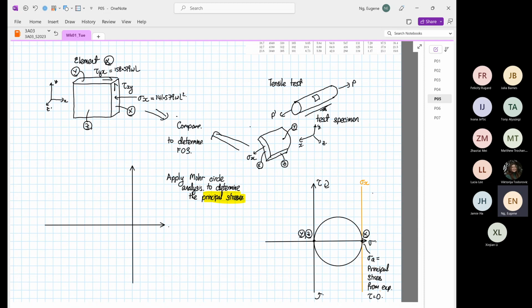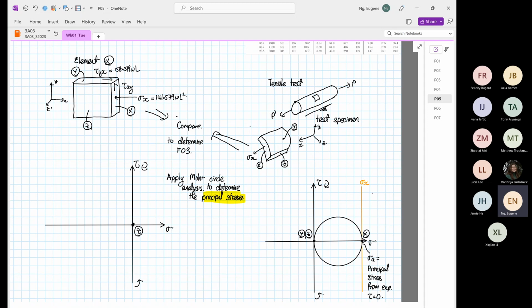So our normal stress, our shear stress, element rotate clockwise, element rotate anti-clockwise. So we know that point Z will be over here because point Z has zero normal stress and zero shearing stress. That we know.